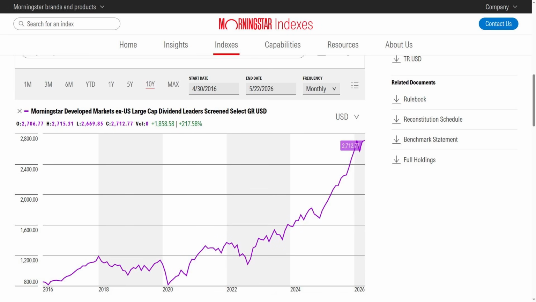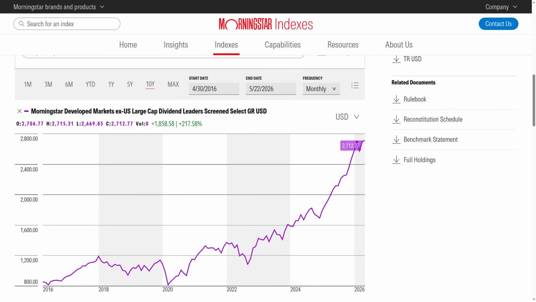What stands out is that it traded sideways for a long time and only really took off since 2022. That is exactly when the shift in interest rates happened. And because this index is heavily invested in financial companies, they were able to benefit massively from those rising interest rates. I would be a little cautious regarding the future here and wouldn't bet everything on the ETF continuing to perform as exceptionally well as it did over the last 3 years.